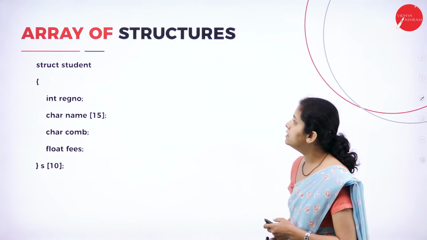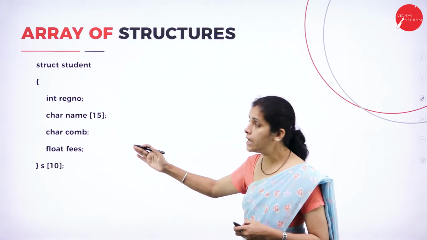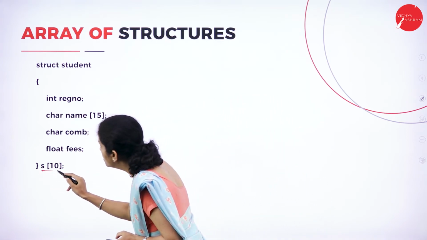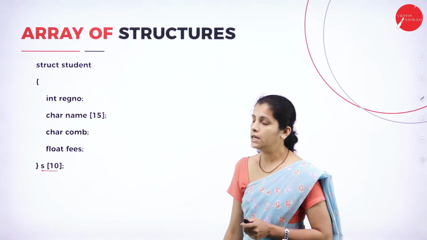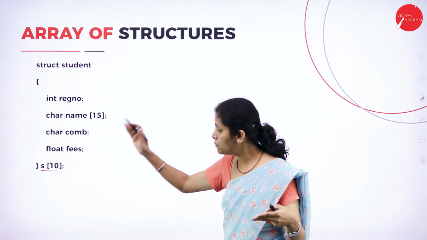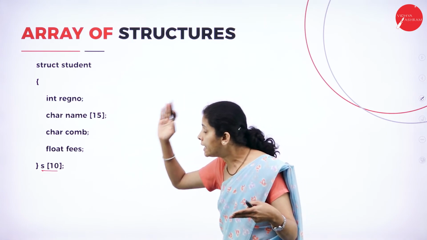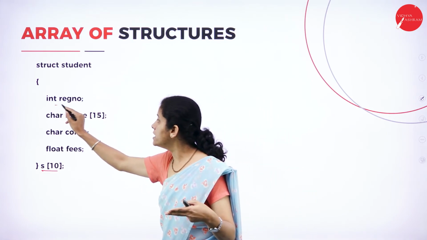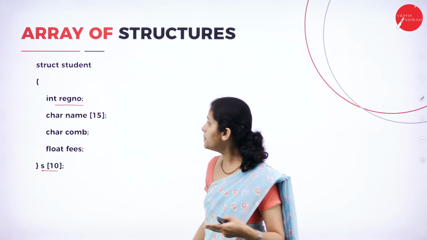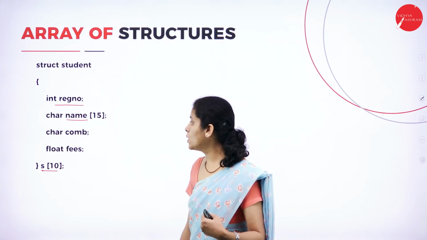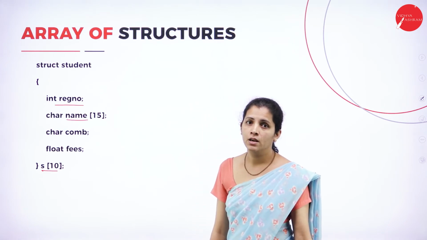For example, think that I want to create array of structure. So this is the example. That means I'm going to hold 10 records, and each record contains information like register number, name of the student, combination along with fees.